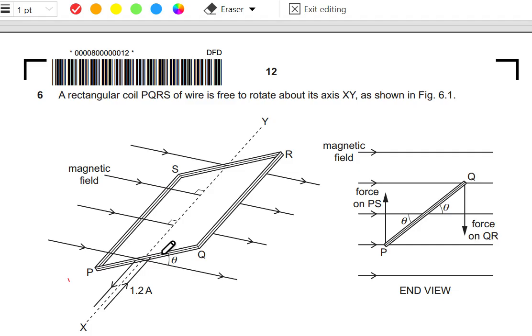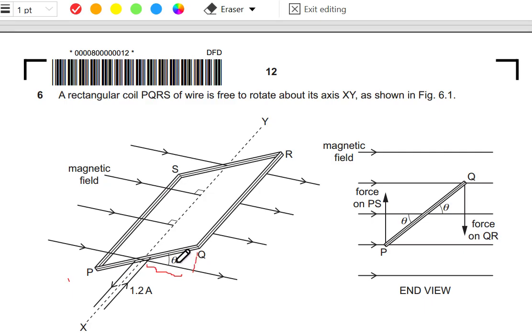If the plane of the coil is parallel to the plane of the field but at any angle theta, this distance will be the perpendicular distance. And how can we get this distance?